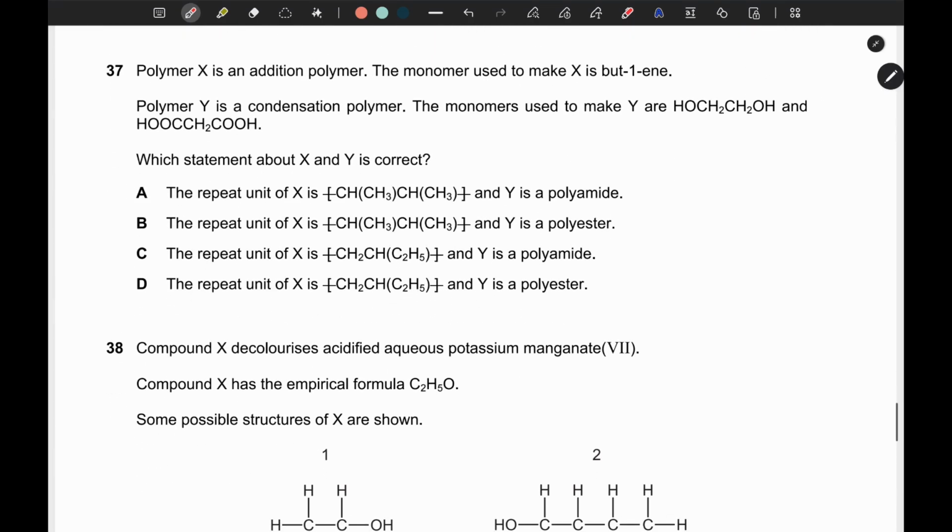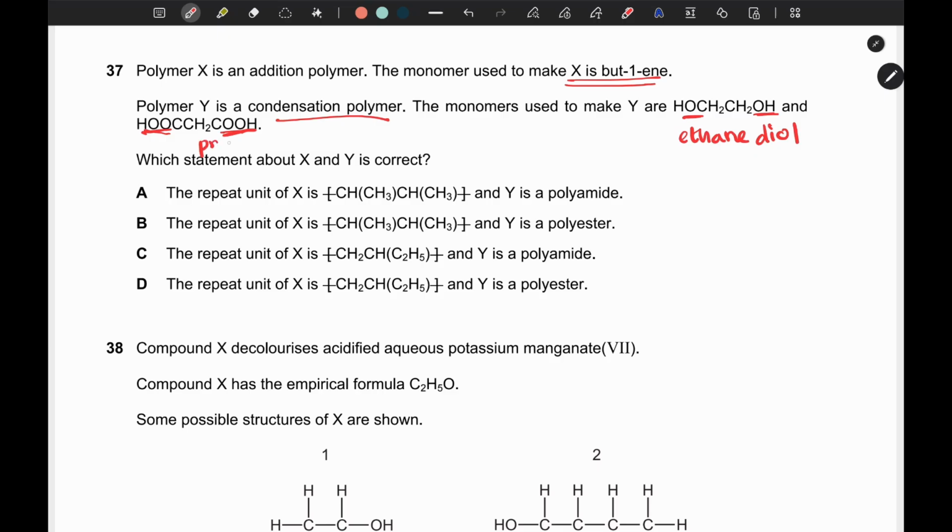Moving on to number 37. Polymer X is an addition polymer. The monomer used to make X is but-1-ene. Polymer Y is a condensation polymer. The monomers used to make Y are CH2, CH2, with OH on the 2 ends. So this is ethane diol. And for the other one, we have 1, 2, 3 carbons, and we have carboxylic acid groups on both ends.